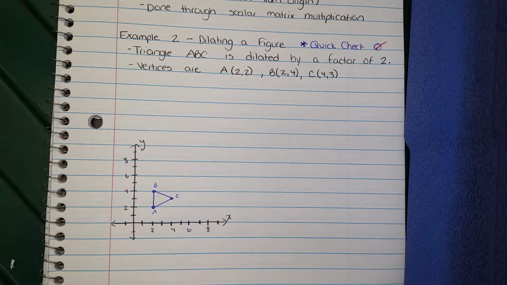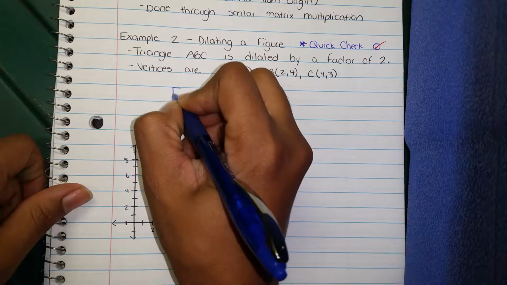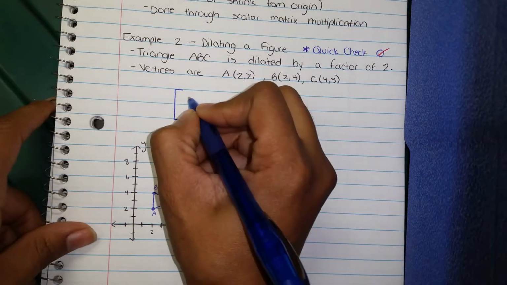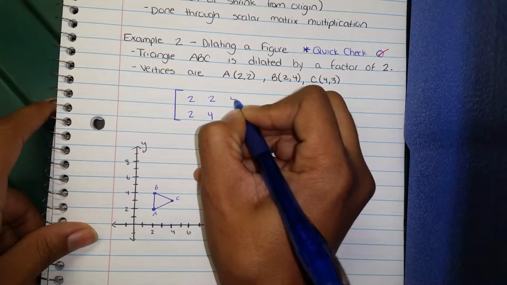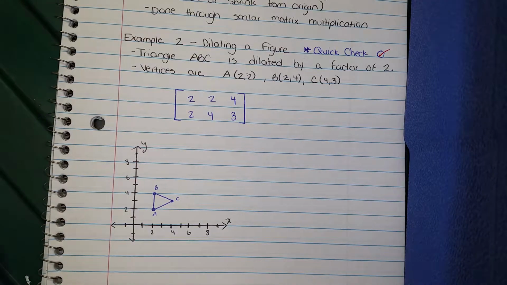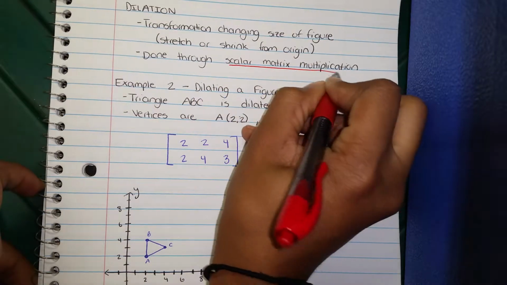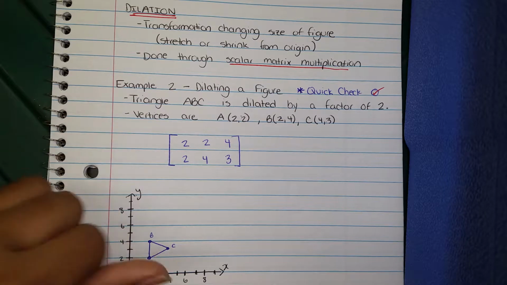How do we do a dilation using matrices? Well, we're going to start off again by doing my matrix of the vertices. So considering these points, it's going to look as follows: 2, 2, 2, 4, 4, 3. And what we do is scalar multiplication. That's what we do for a dilation. Okay? What are we multiplying this by?